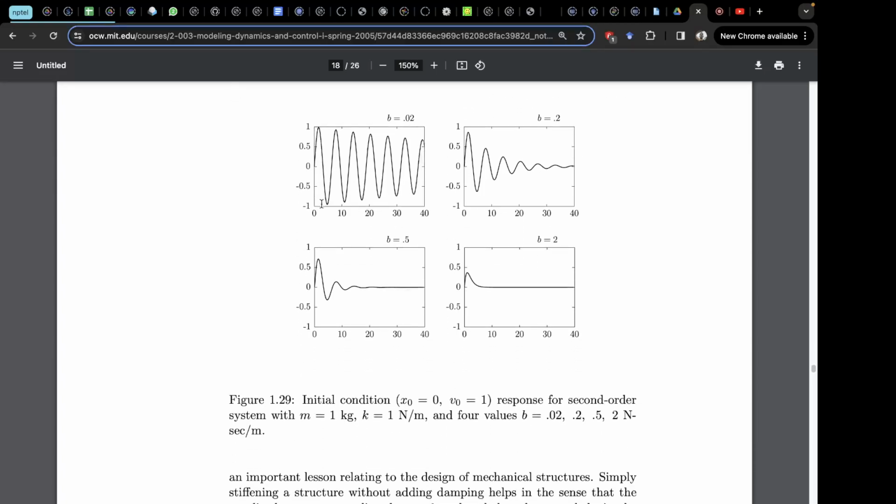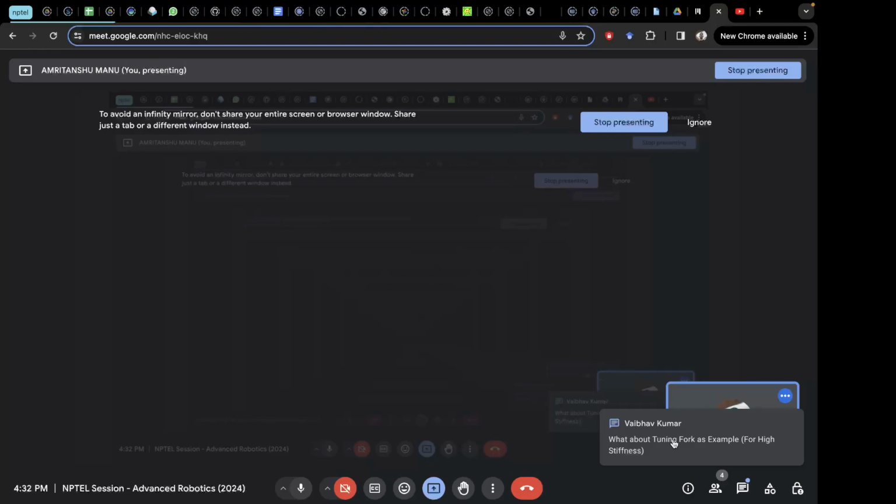Okay. Now in this case, again with the same initial conditions, mass is still 1 kg, we have now fixed K, but the B values are now being changed. Yeah, tuning fork is an example. Different tuning forks you have used.